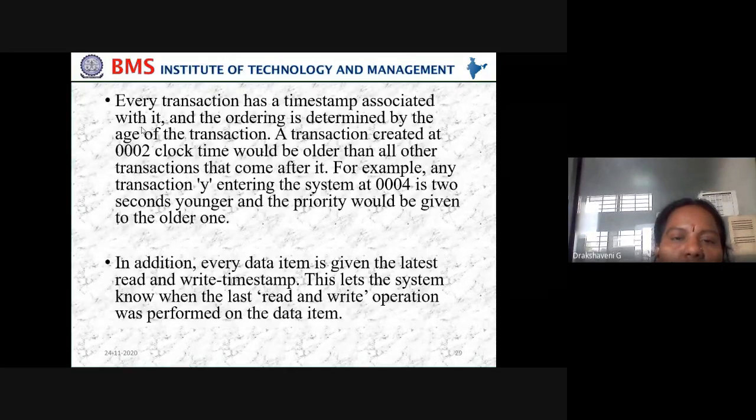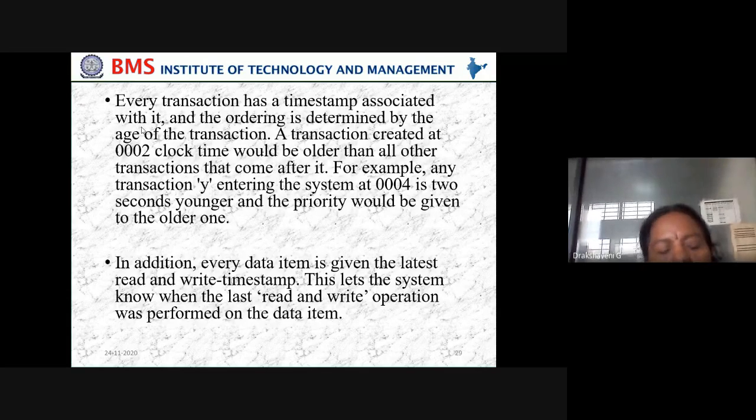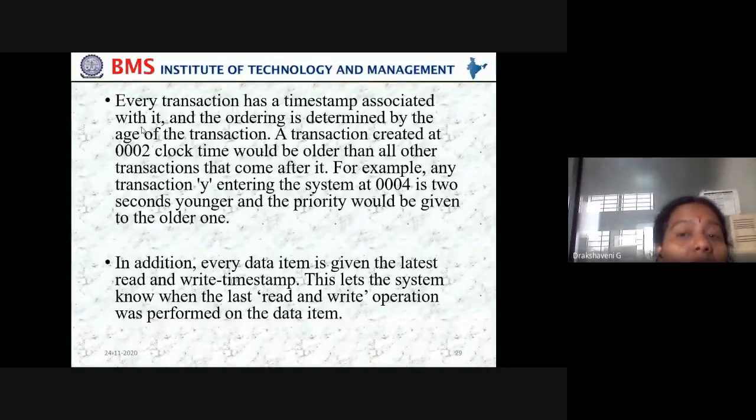So every transaction has a timestamp associated with it, and the ordering is determined by the age of the transaction. In this example, a transaction created at 2 o'clock is older than other transactions that come after it. After 2 o'clock, whatever transaction is done will be newer.